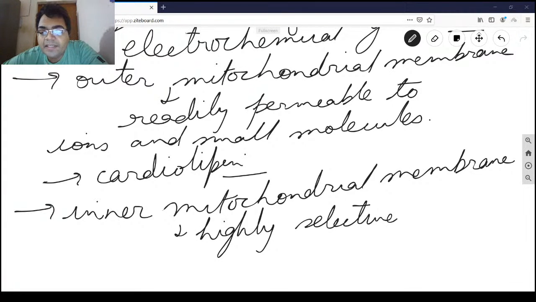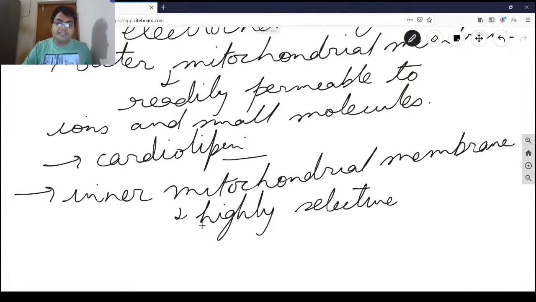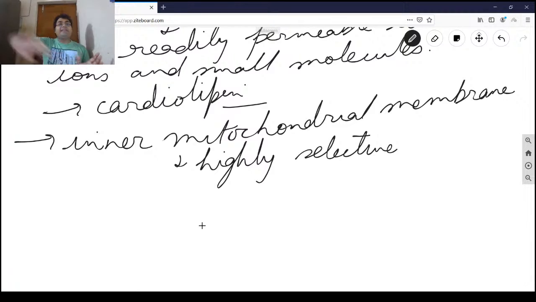It is impermeable to most small ions, including protons. That is why the protons, the H plus I was talking about, cannot cross the inner mitochondrial membrane directly. Its lipid bilayer is so impermeable. One reason is cardiolipin, which has a completely non-polar structure, so plus or charged species cannot pass through.